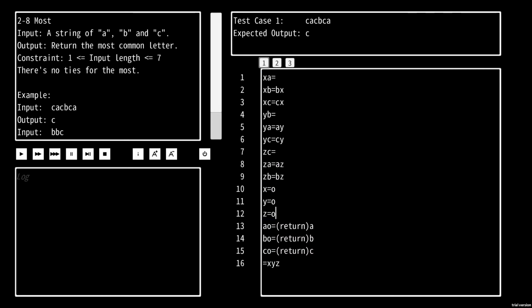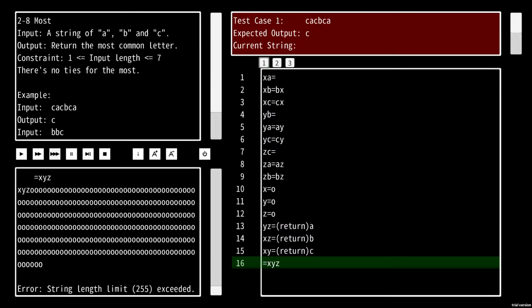X, Y, and Z should still be in order, right? So maybe what I do is YZ is A, XZ is B, and XY is C, and that works. Nope. Oh, wait, whoops.